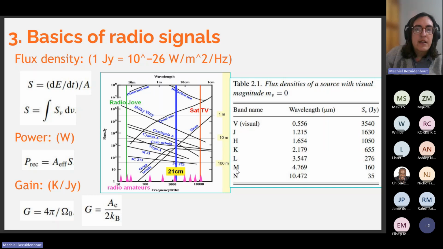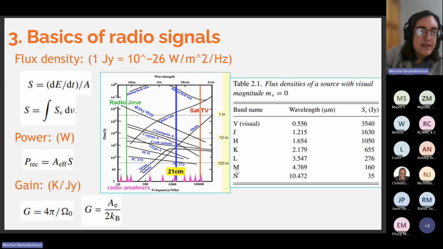Finally, let's get into some basics of radio signals. With this section, I want to introduce some of the most important quantities that we're going to use in the rest of the lecture series. One important quantity is flux and flux density.